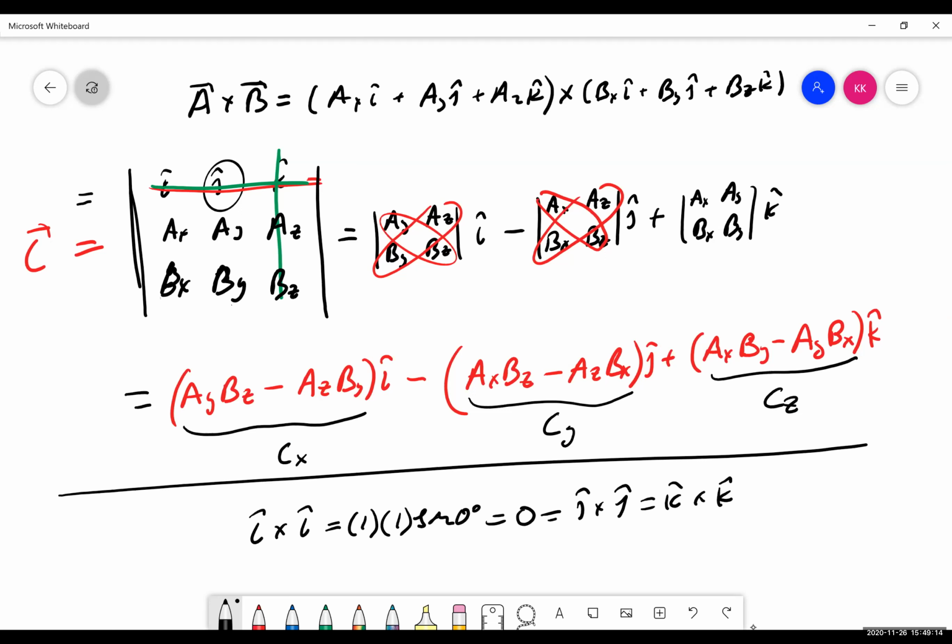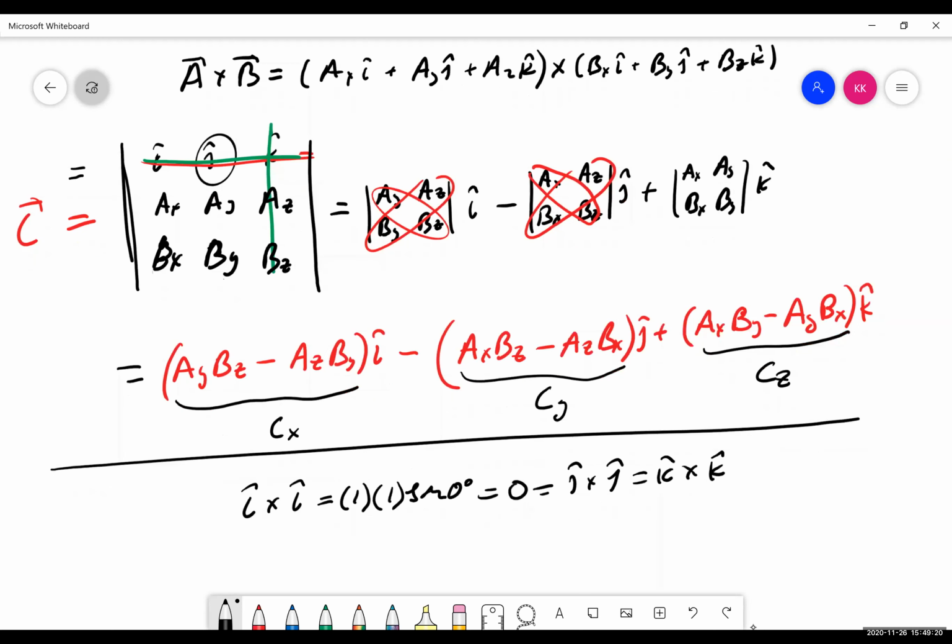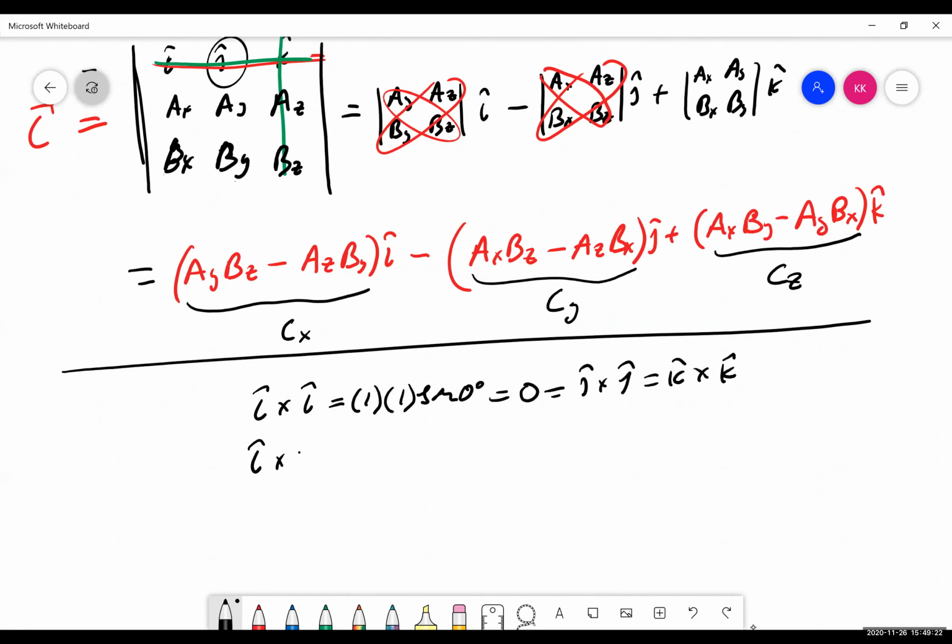That means two I hat vectors, or two J hat vectors, or two K hat vectors, if you do the cross product, you're going to get 0, because as I mentioned earlier, the cross product of two parallel vectors is always 0. But for example, you have I hat cross J hat. What do we get here? Well, it's 1 times 1 times sine of 90 degrees, which is 1.